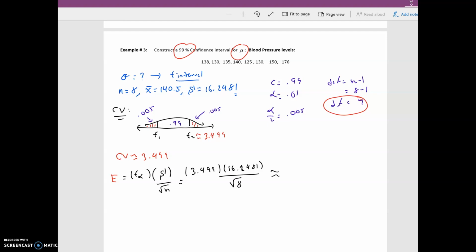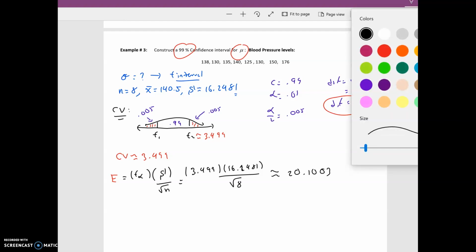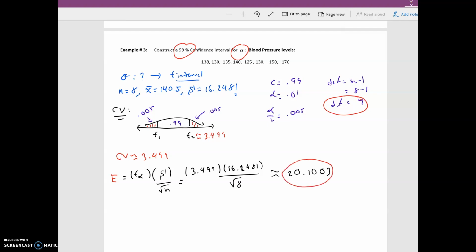And please evaluate. This is going to be approximately 20.10. That's going to be our actual standard error. I'm just going to select 2 decimal places: 20.10.